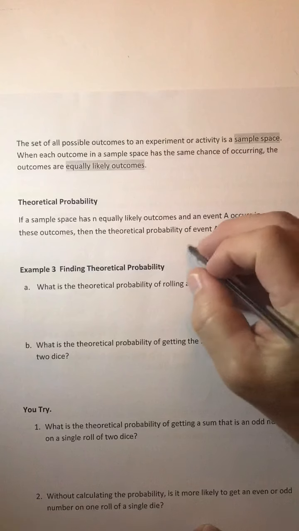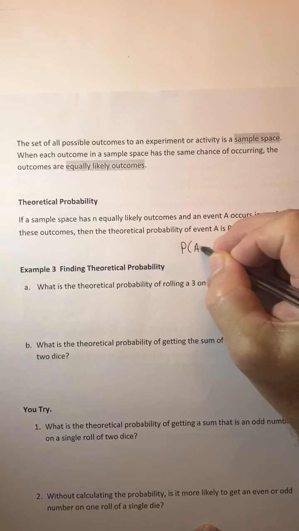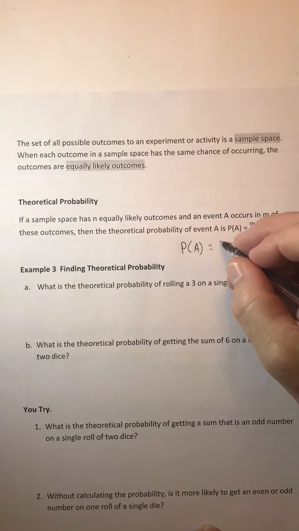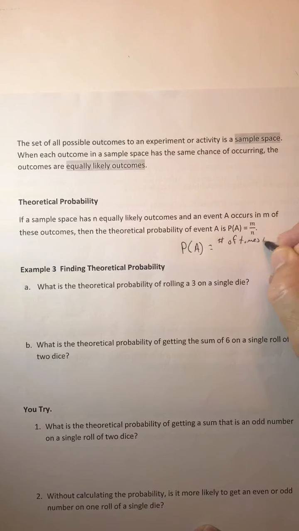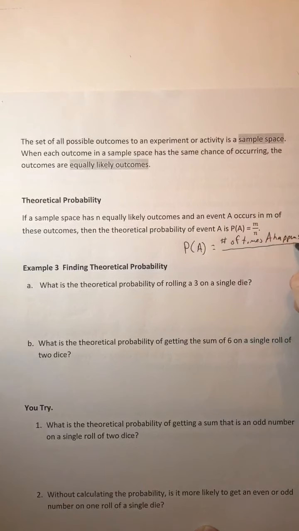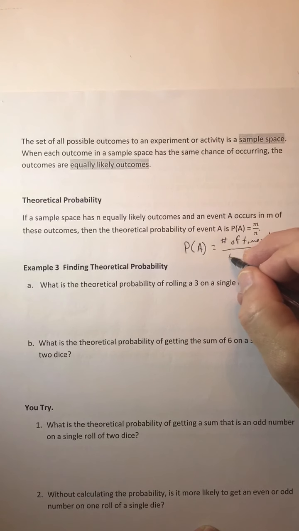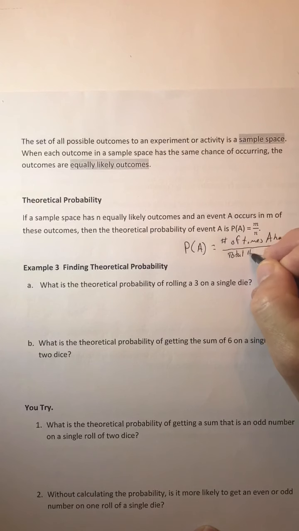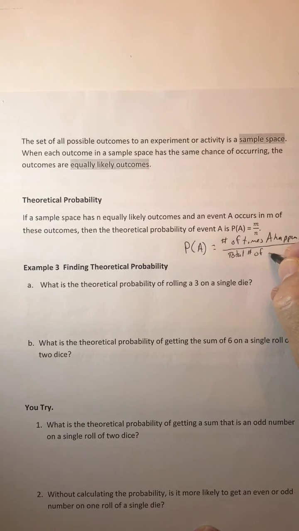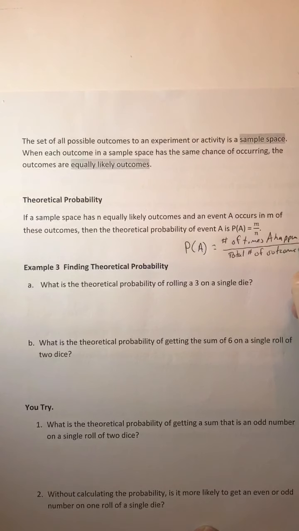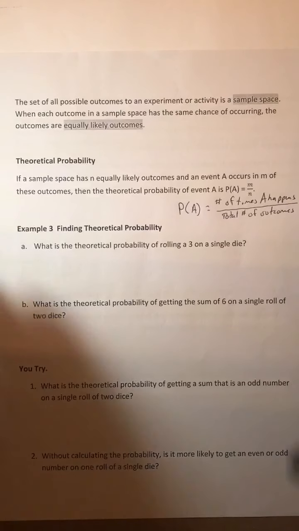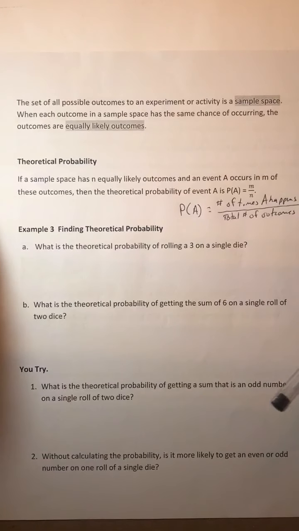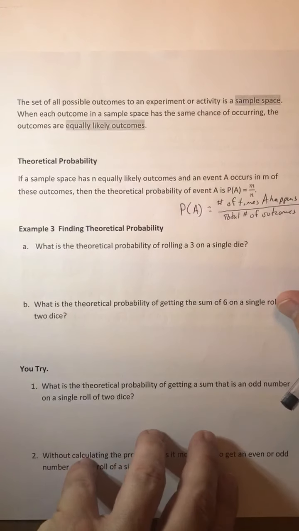So the probability of A is equal to the number of times A happens over the total number of outcomes. That's just with theoretical probability. So again, this is in theory. We're not doing an experiment on this. We're just saying, well, in theory, what should happen here?